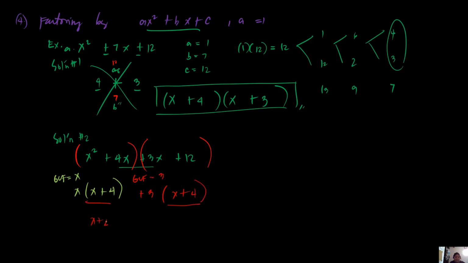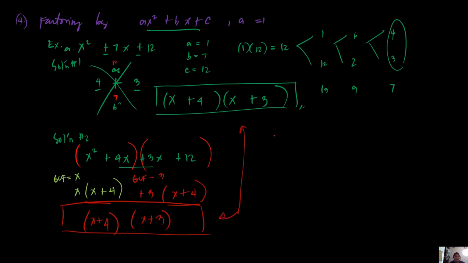Take out x plus 4, and what remains is x plus 3. So therefore, this is our final answer. Look, they are the same. Now, for you to recheck, do the FOIL method. You should go back to the original algebraic expression.